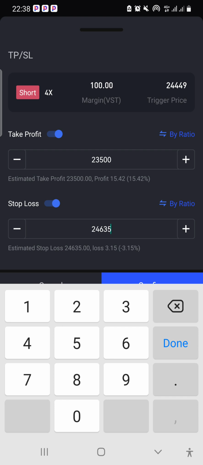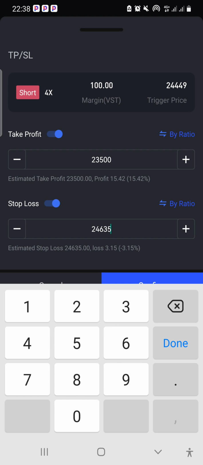Now, if we use 2x or 3x leverage, we'll be risking less. If we use 4x leverage, we'll be risking more. So it now depends on you. If you can afford to risk 0.15 over the 3% to make more, or you want to just keep it at 2.36.